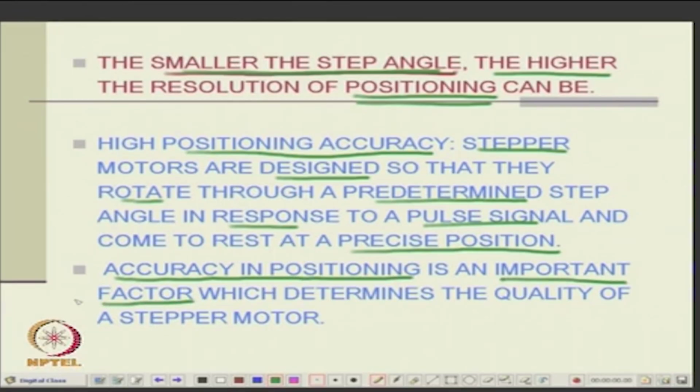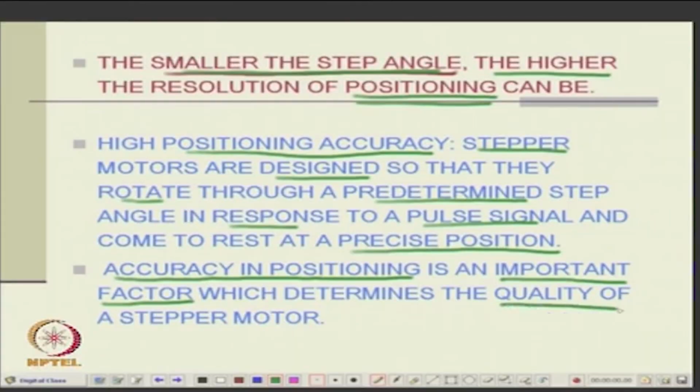If you want it to go to 20 degrees, it should not go to 22 degrees. Then it has introduced error. This determines the quality of the stepper motor. How good the stepper motor is, is decided by the accuracy of this positioning performance.